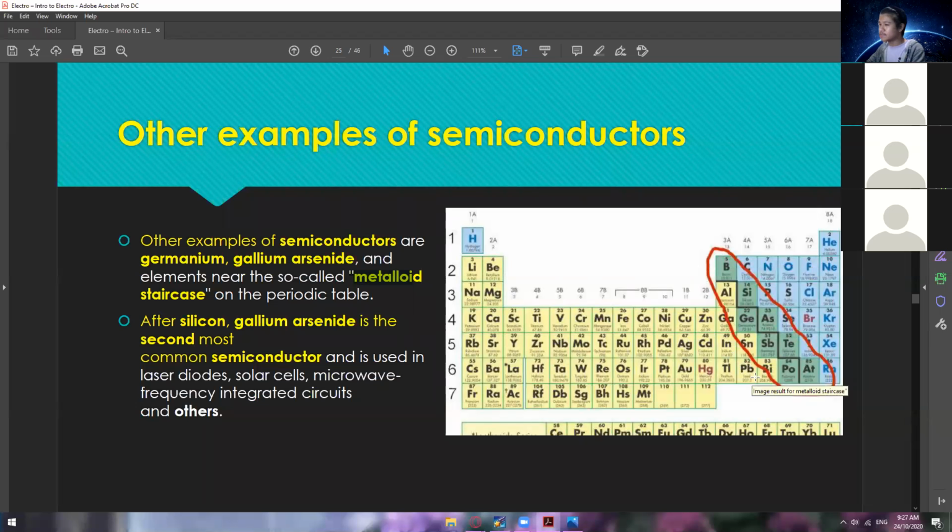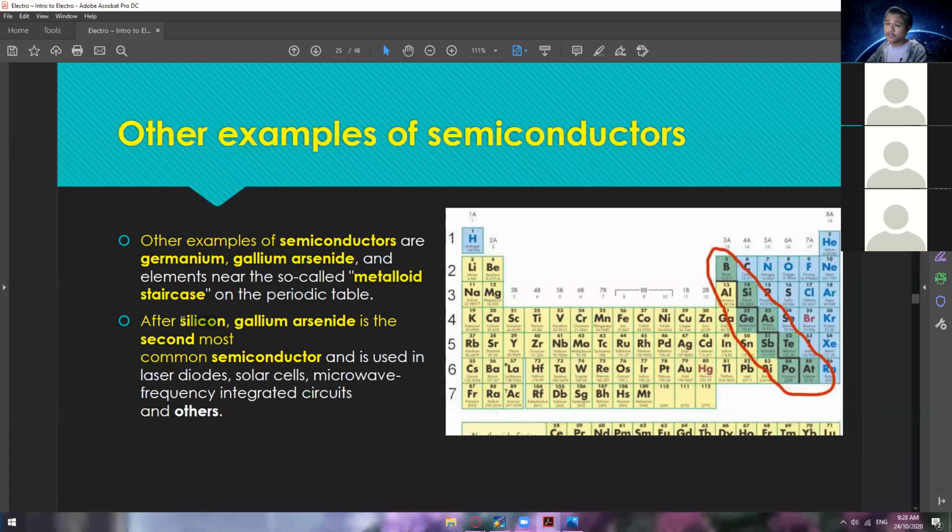We call those the metalloid staircase because it's forming a stair. So we have boron, silicon, germanium, arsenic, stibium or antimony, tellurium, and polonium, and then I forgot the other one. Anyway, those are the other kinds of semiconductors.